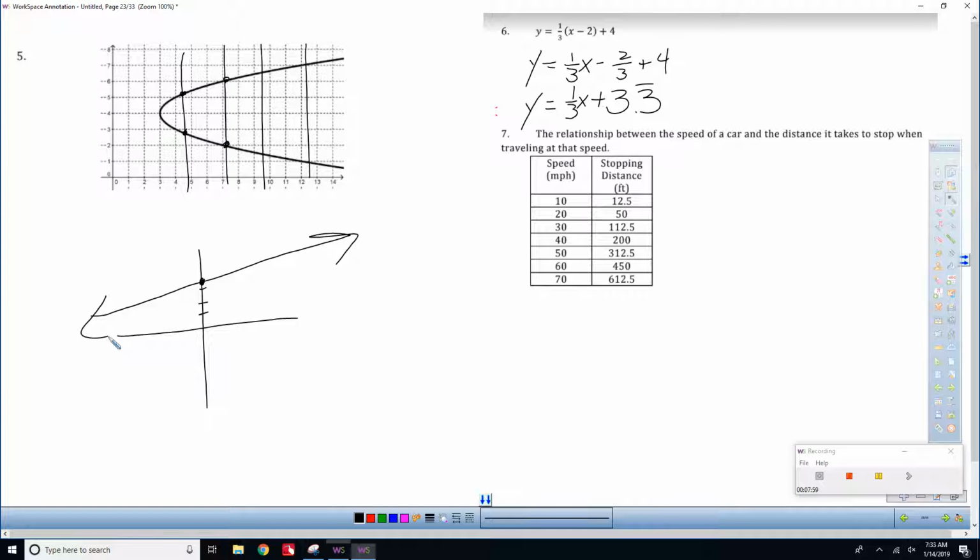Okay? The speed of the car and the distance it takes to stop when traveling at that speed. Ooh, I like this.